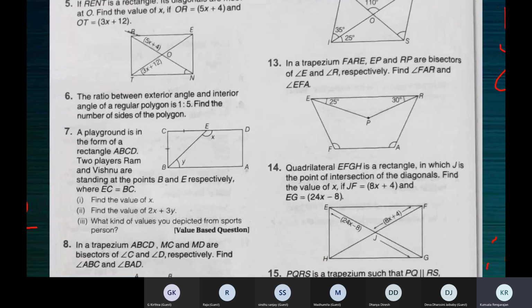Children, the seventh one. Please write the question, children. Write the question, draw the figure. I'll just get back in 2 minutes.